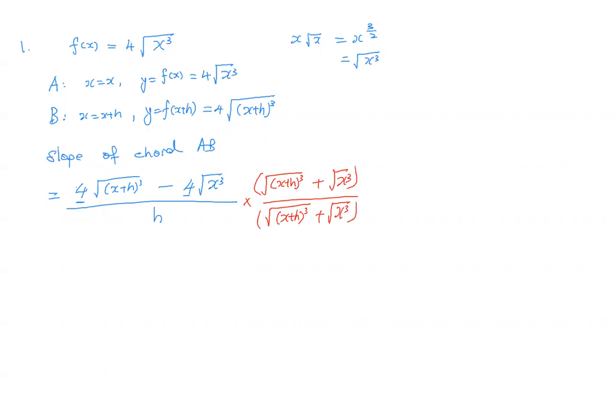Okay, after you have done that, you know that this will be 4 over h. When you expand this, you will get x plus h cubed, take away x cubed, the whole thing divided by the bottom here, just write it down.